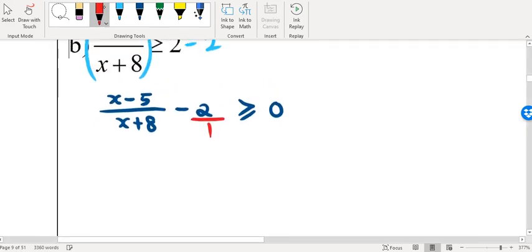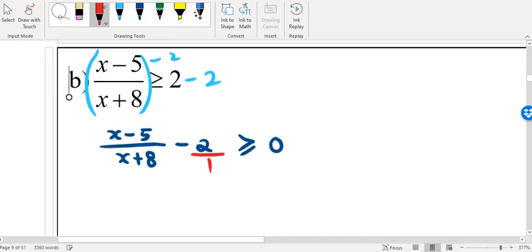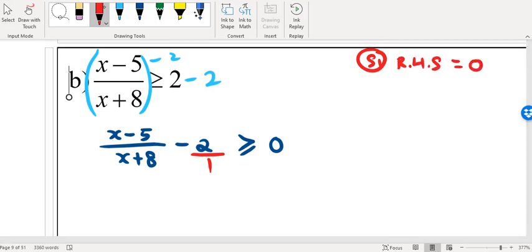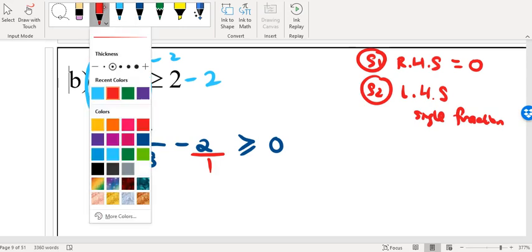As I mentioned just now, step 1, ensure your right hand side is equal to 0. Step 2, your left hand side is a single fraction. In other words, apply your lowest common multiple.